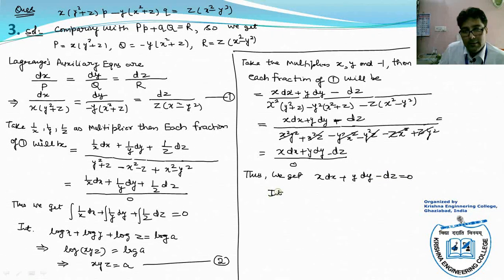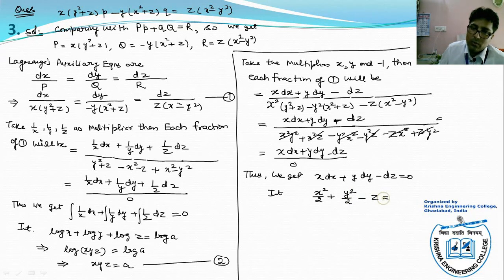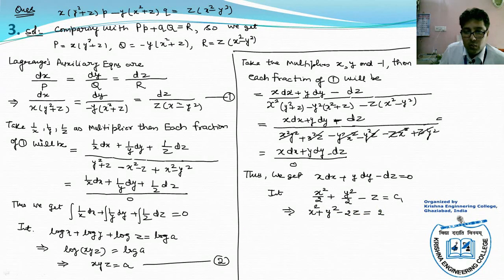Integrating this, x square by 2 plus integration of y with respect to y is y square by 2, integration of 1 with respect to z is z, equal to a constant, suppose c1. Multiplying the whole equation by 2 we get x square plus y square minus 2z is equal to 2c1. 2c1 is again a constant, let us suppose it to be b.